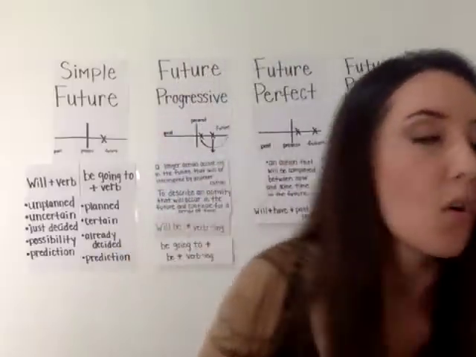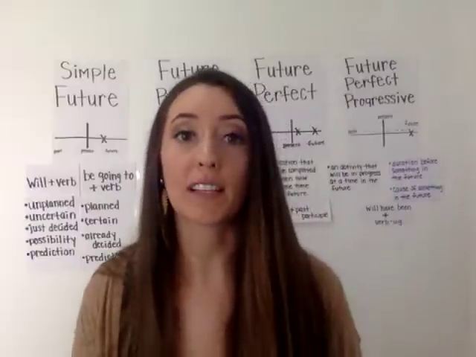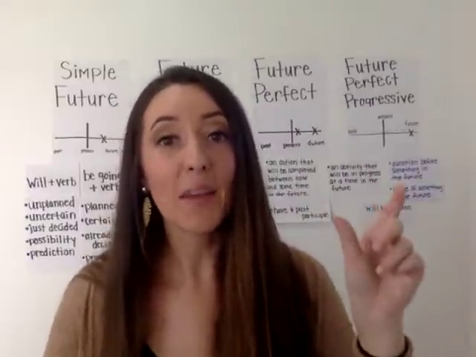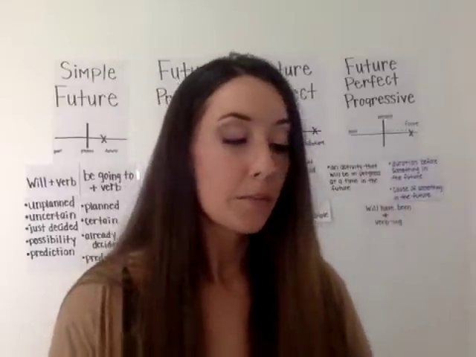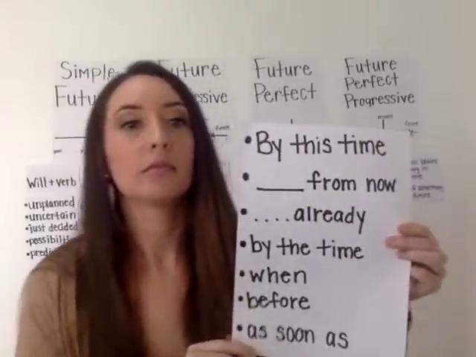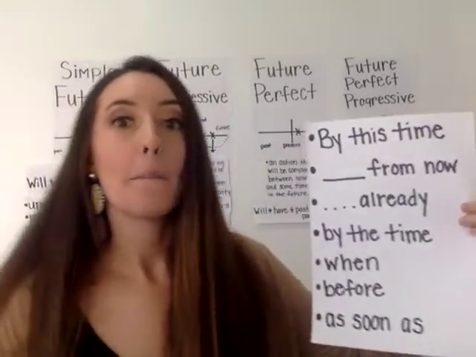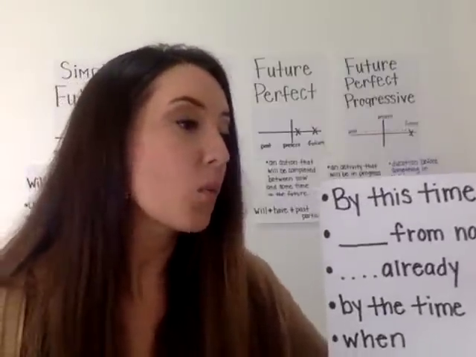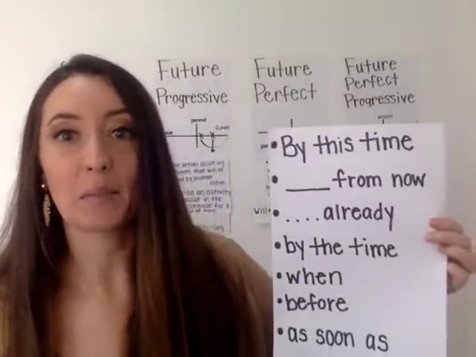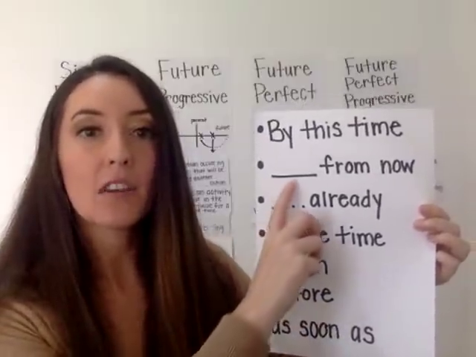Okay. One important thing to note is that when we use the future perfect progressive, we have many time expressions that are going to be used in the sentences. For example, by this time. By this time next year, I will have been learning on Cambly a lot. Okay, then we have from now.